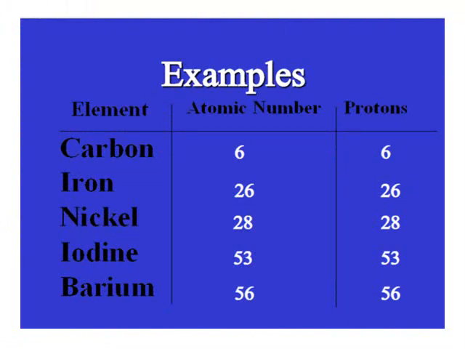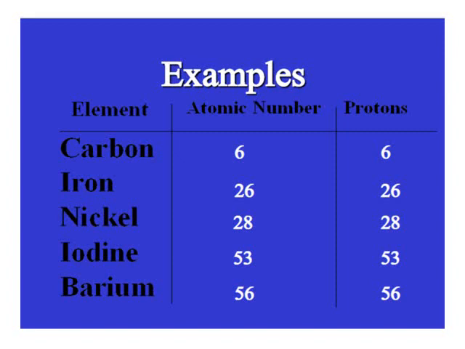This slide gives you some examples for calculation of the number of protons. Carbon has 6 as its atomic number. So the same 6 will be the number of protons for carbon. Similarly, iron, whose atomic number is 26, has 26 protons.